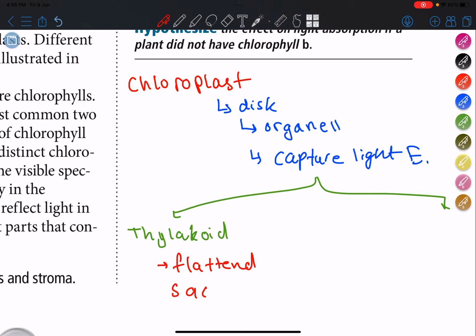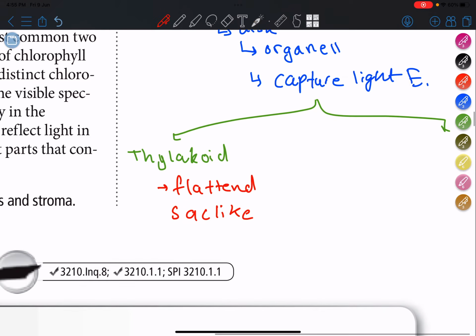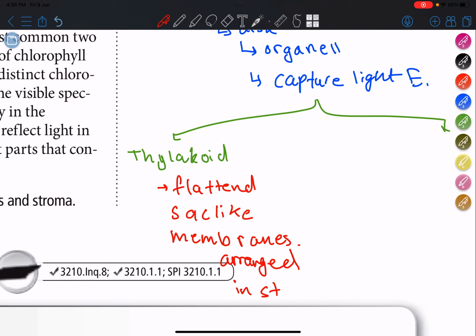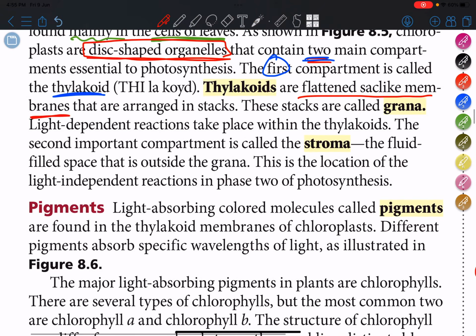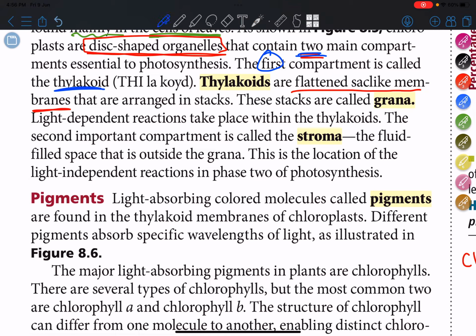They look like a sac. And they are arranged in stacks. So those are thylakoids. These stacks that the thylakoids are in are called grana.